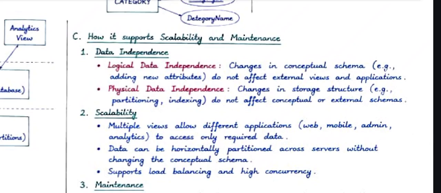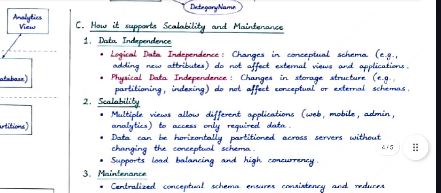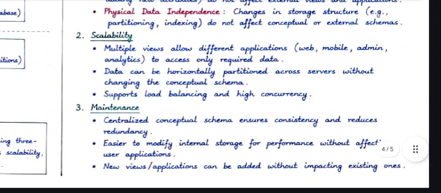Physical data independence means changes made in the storage structure, for example adding partitioning or indexing, do not affect the conceptual or external schemas.